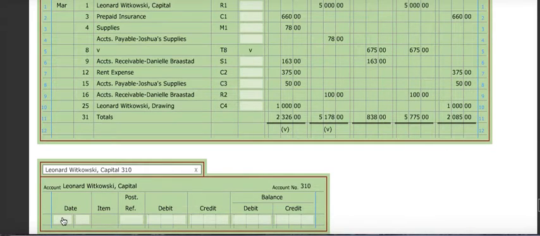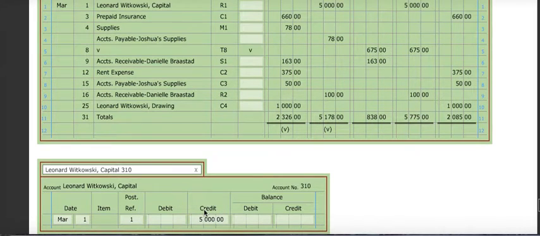So we see that on March 1st, we're going to use March here. Date is the 1st. Post ref is going to be from our page number. Up in the corner that's hidden, it shows page number 1. We're going to be posting a general credit of $5,000. Notice here that there are two columns for debit and credit.